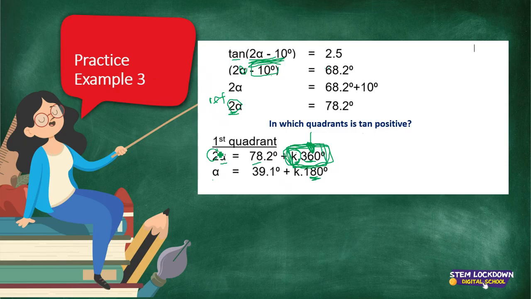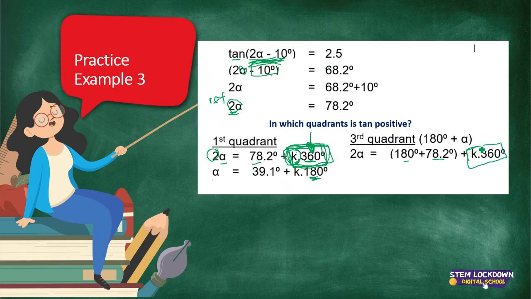Right? Then we have our third quadrant where our reduction formula is 180 plus alpha. So we're saying here 180 plus 78.2 plus our usual multiplier, even though it's a plus, our multiplier to account for the number of revolutions, right?